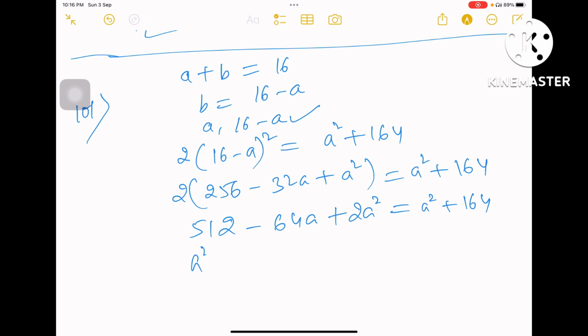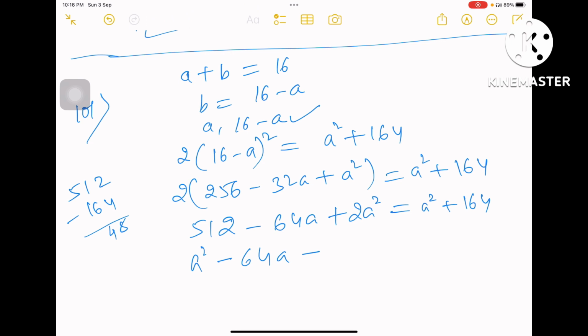A square minus 64A plus 512 minus 164. 12 minus 4, 8. 10 minus 6, 4.